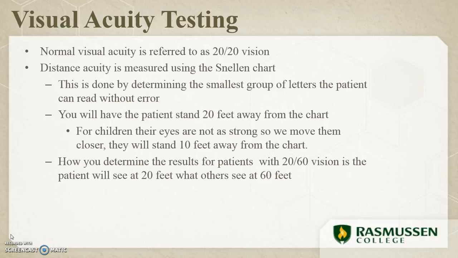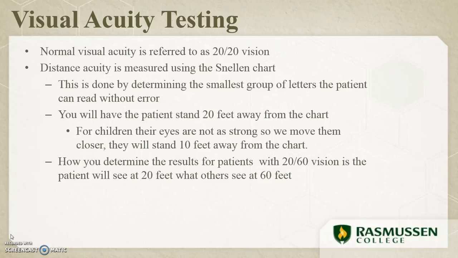Distance acuity is measured by using a Snellen chart. This chart places the largest symbols on the top line, and each line after is decreasing in size. A patient will stand 20 feet away and read each line until they can no longer read them.